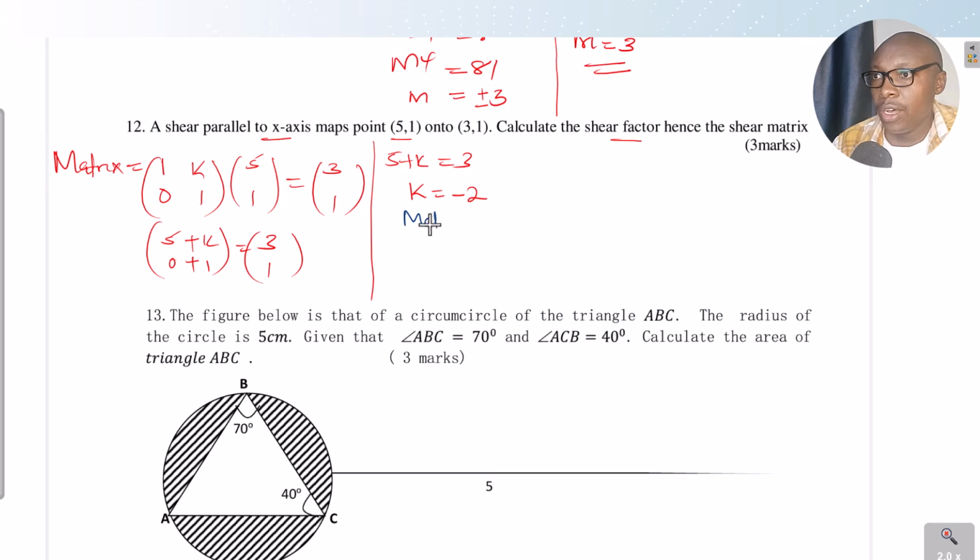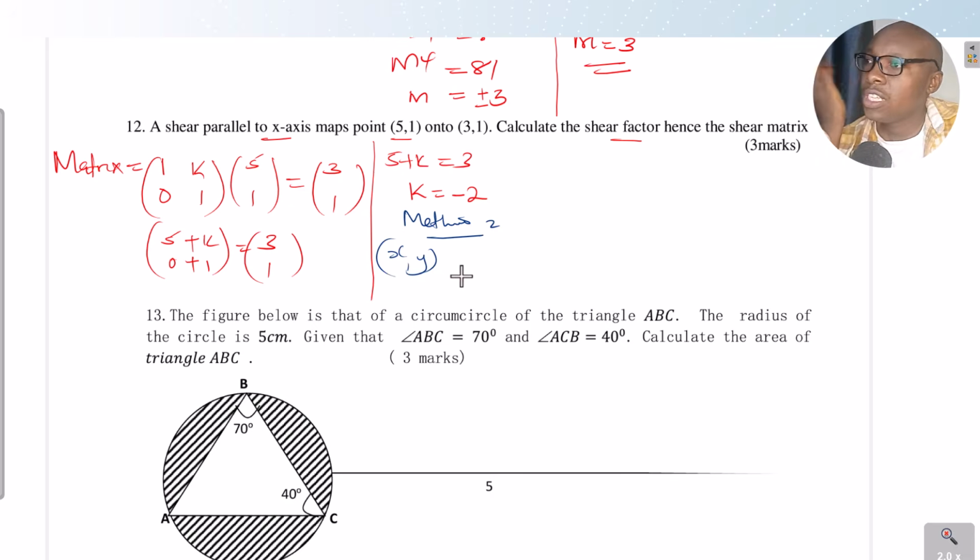So we have another method, method 2. If you have a point xy, and that undergoes this type of shear parallel to the x-axis, then this point is mapped onto x plus ky, y.